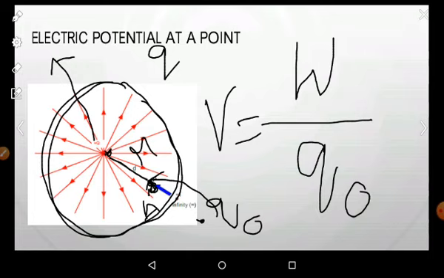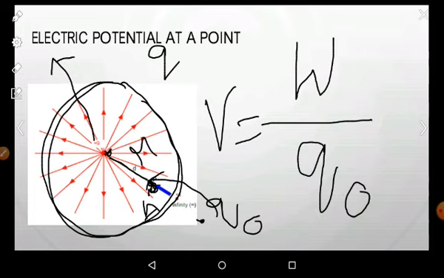So generally, as I said, the electric properties are described, analyzed, explained with respect to, standardizing positive charge.